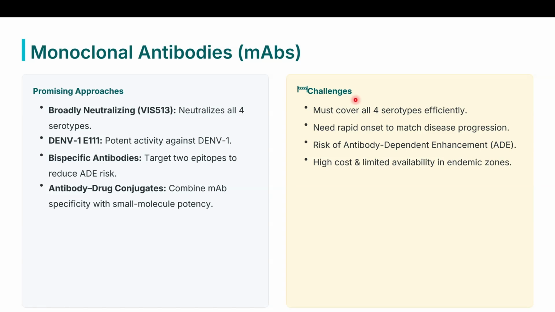The main challenges: it is very difficult to develop a monoclonal antibody that covers all serotypes efficiently, there is high cost and limited availability in endemic zones, the risk of antibody-dependent enhancement cannot be predicted with monoclonal antibody administration, and there is a need for rapid onset to match disease progression. With all these challenges, monoclonal antibodies are still under development, and hopefully the future is promising with advanced development of monoclonal antibodies that target the dengue virus and also flaviviruses in general.